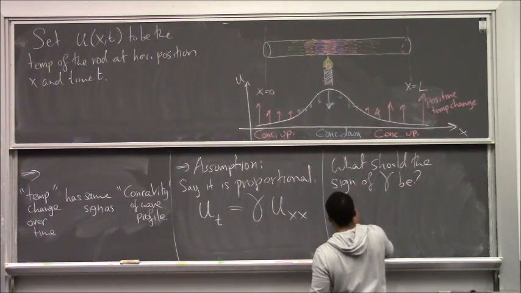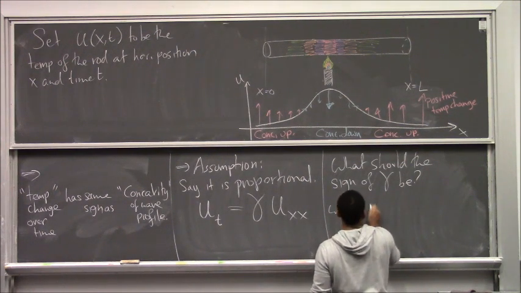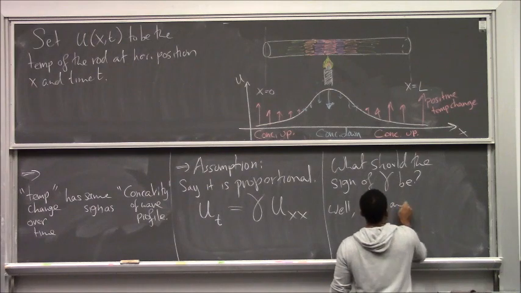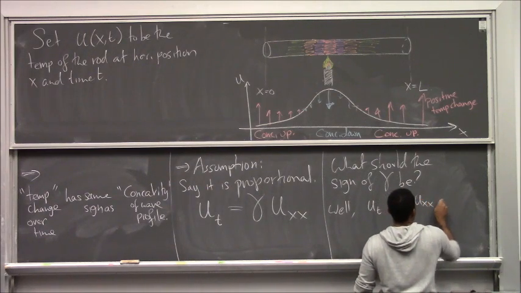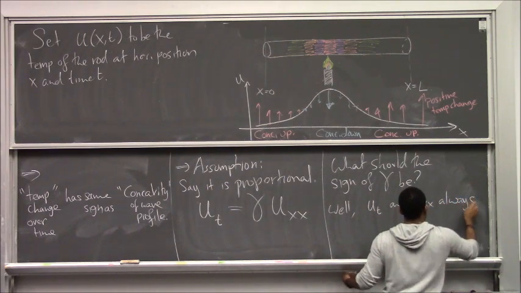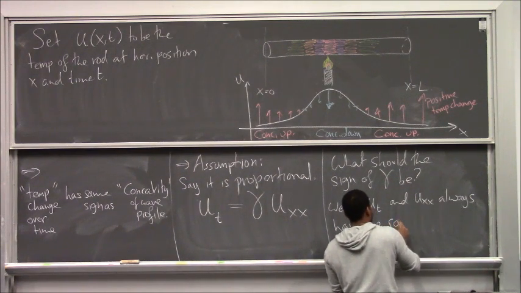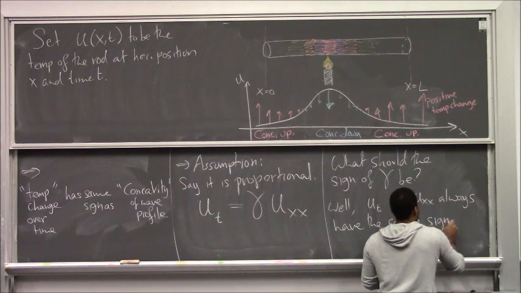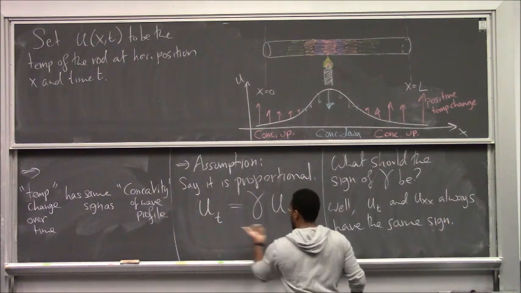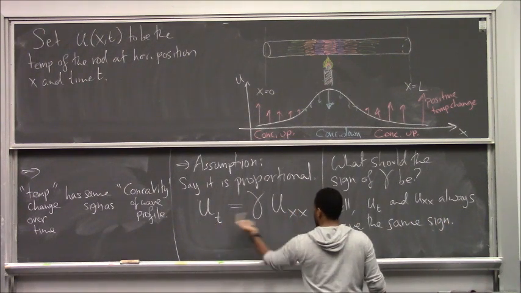Well, u_t and u_xx always have the same sign. So if this one's positive, that one's positive. This one's negative, that one's negative.